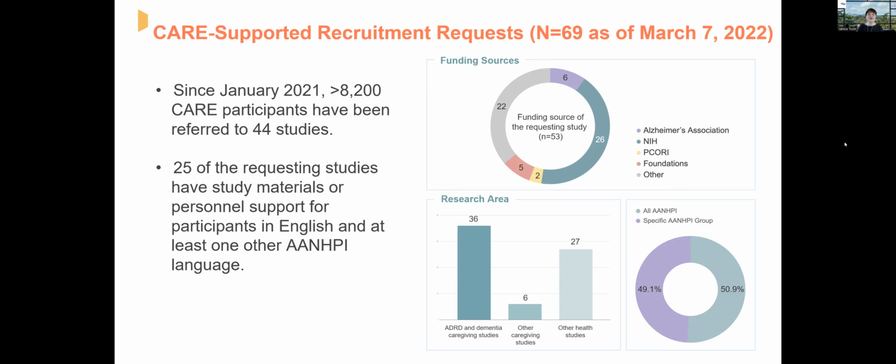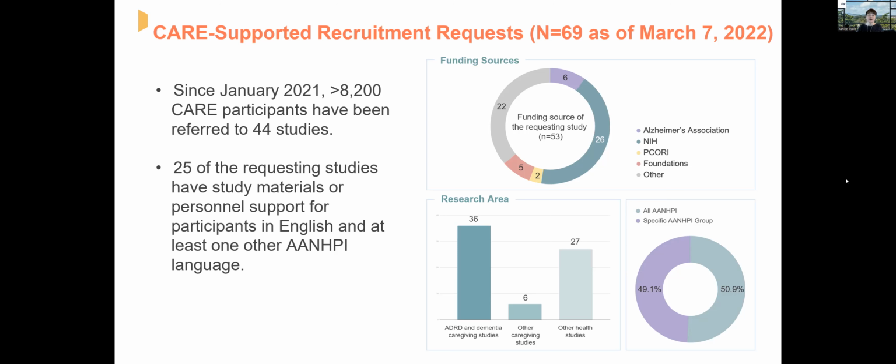Among the 69 requests, you can see the research areas. Over half of those are in Alzheimer's disease or related dementias, and also dementia caregiving studies. About 10%, a little less than 10%, are other caregiving studies. And we also have a good proportion covering other health studies.